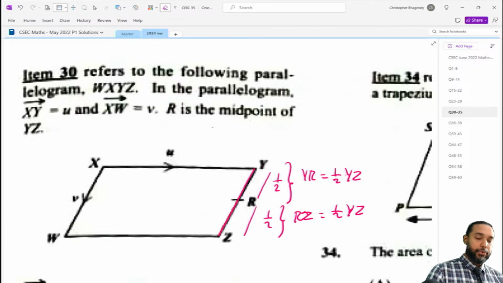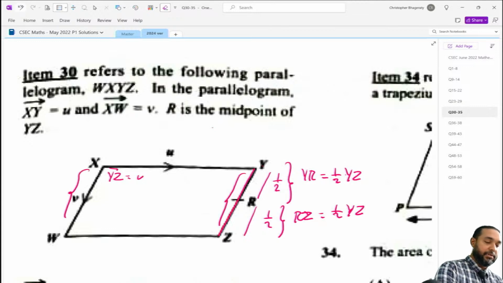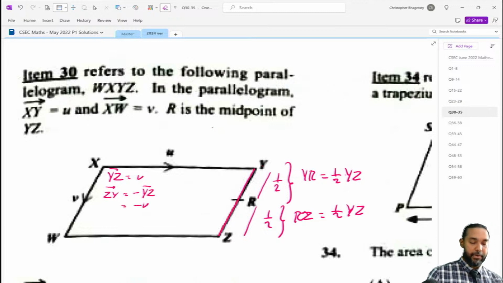Right. So check this, right? Remember we talked just now about the inverse, right? So we said going from Y to Z, going in that direction, going down, was the vector small v, right? Because again, this side was parallel and equal to that side. And we said that ZY, which is going in the opposite direction, is the inverse or the negative of YZ, which of course is just minus v, right? Now, let's break it up in half.